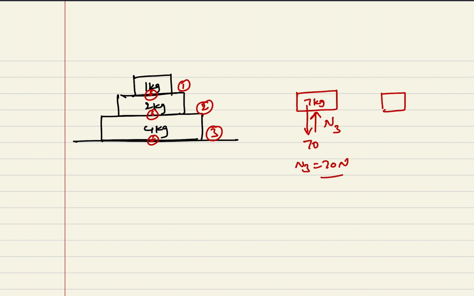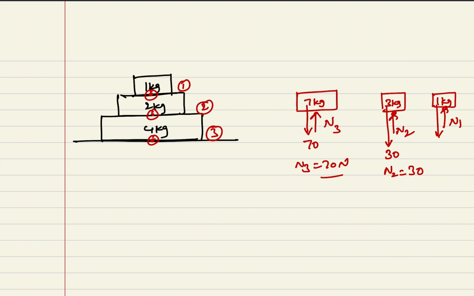Whatever contact is there, N2, that contact point N2 is pushing the 3 kg body, 2 kg plus 1 kg. So we can say 30 newtons, so N2 is equal to 30. Similarly, the 1 kg body is pushing only the 1 kg body. Understand that?